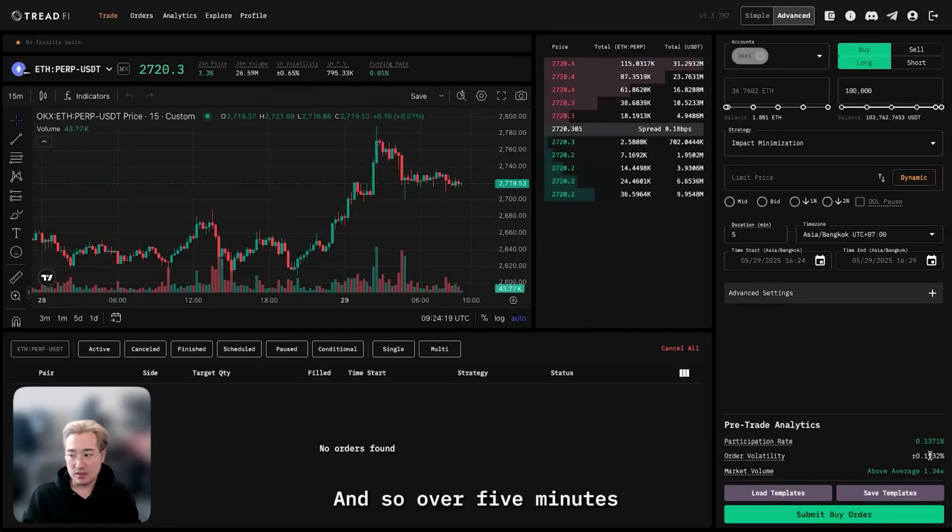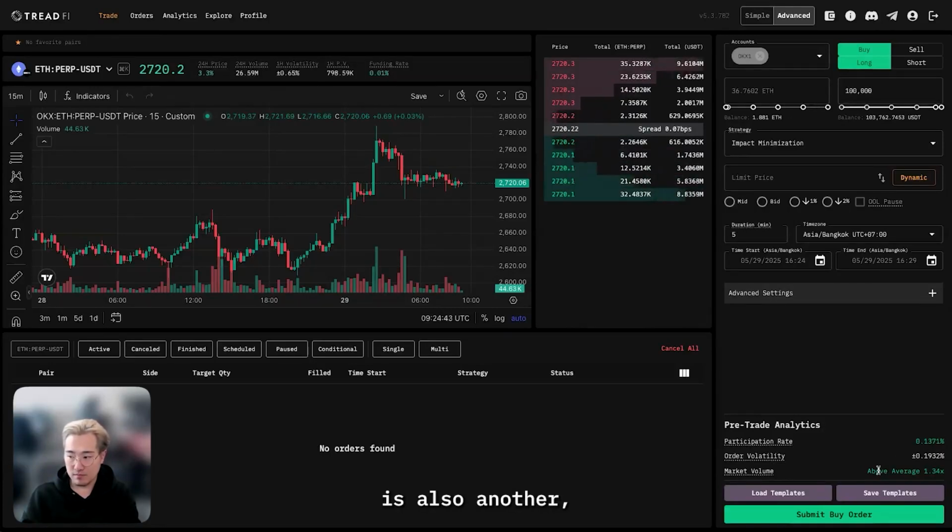And so over 5 minutes, we might expect it to change 0.2%. This uses a number that looks much further back in time, and so it could be skewed by results that happened a week ago or even a month ago. But this is a good measure of how much you can expect the market to move without your participation over the 5 minutes or whatever duration you've set.